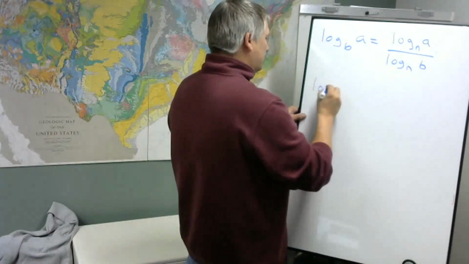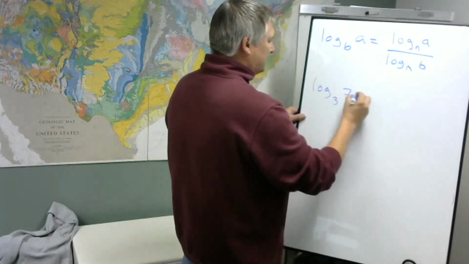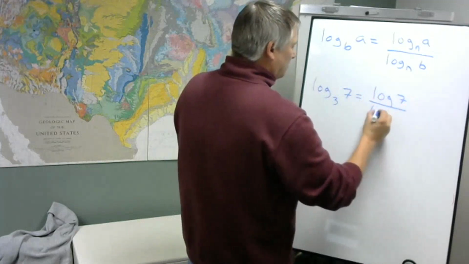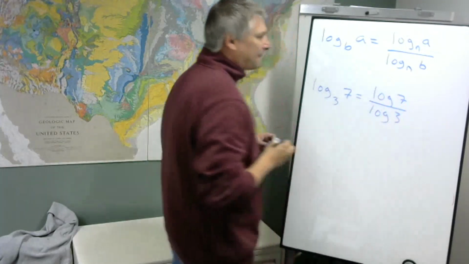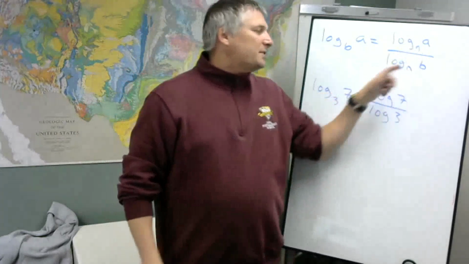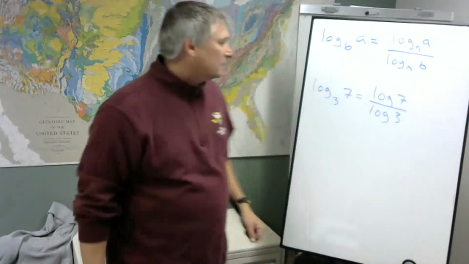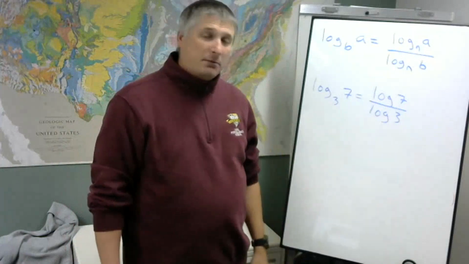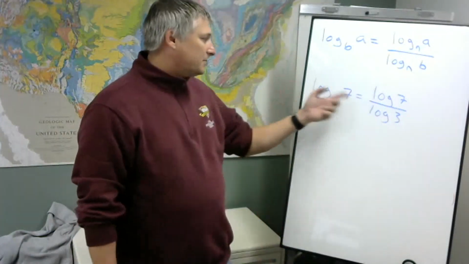If we have log base 3 of 7, we could rewrite this as log 7 over log 3. We can choose this n to be anything we want. So we could do log base 10 of 7 over log base 10 of 3. That'll give us log base 3 of 7.